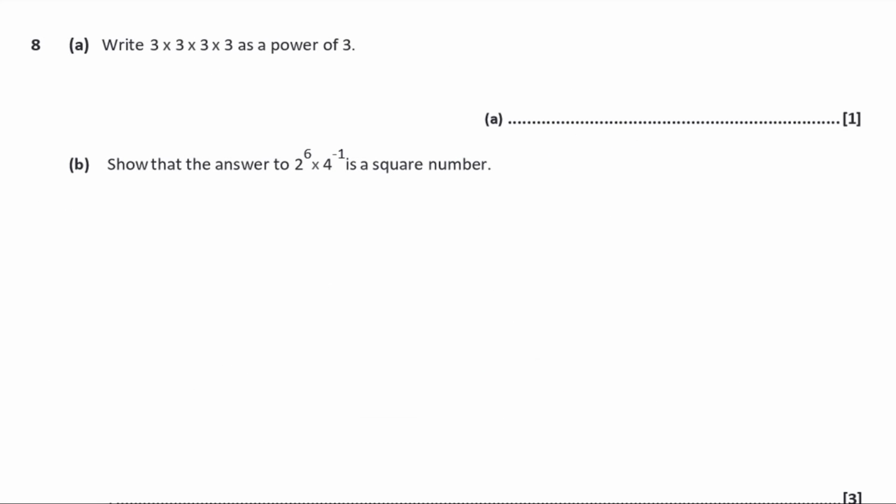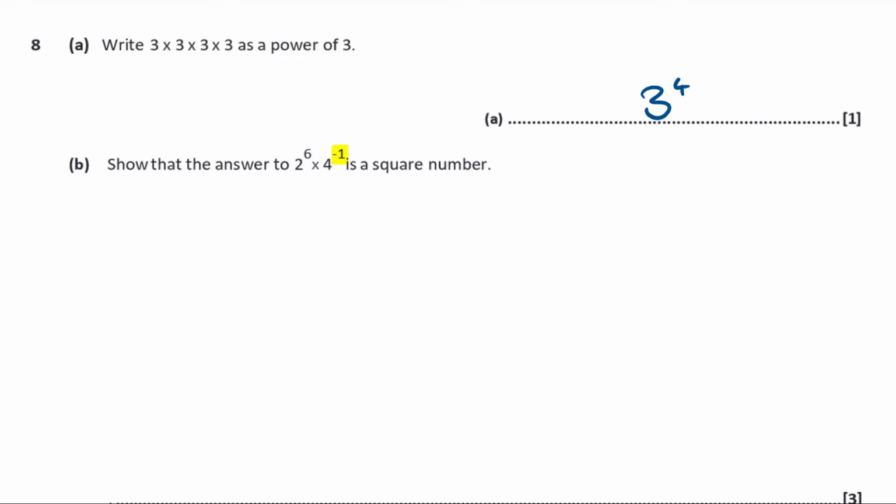Question 8a, write 3 times 3 times 3 times 3 as a power of 3. Well, we're multiplying 3 by itself 4 times, aren't we? So that is 3 to the power of 4. Show that the answer to 2 to the 6 times 4 to the negative 1 is a square number. Okay, well, maybe we'll have to work out what it is.